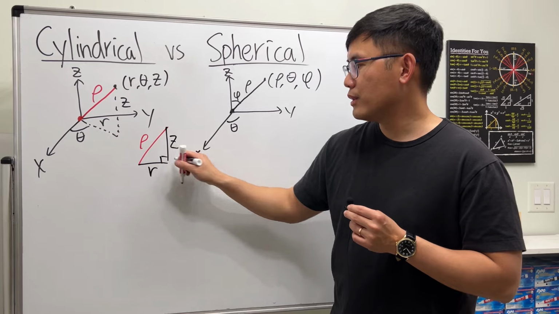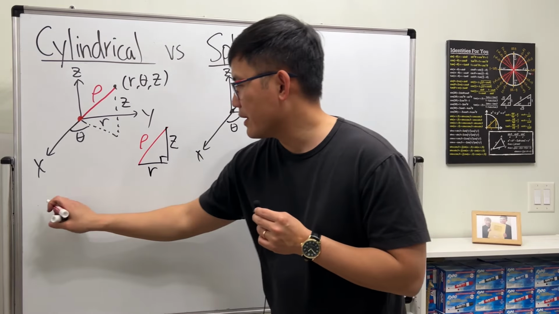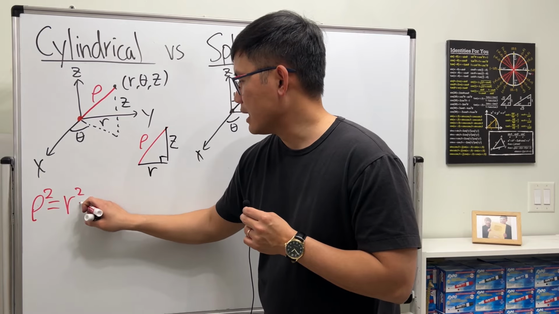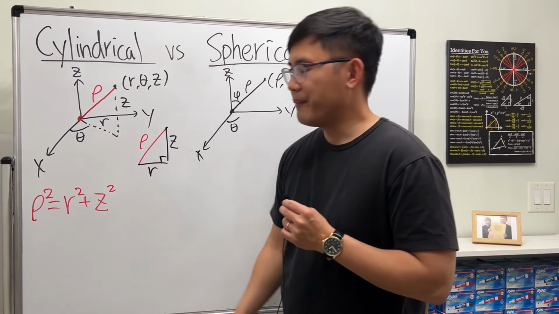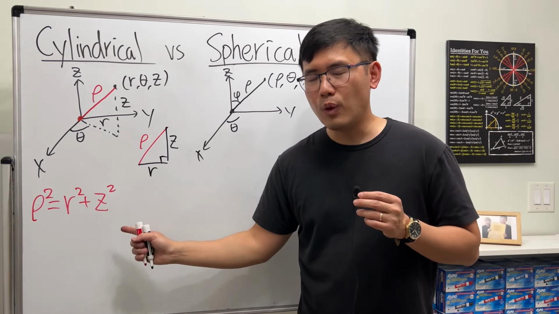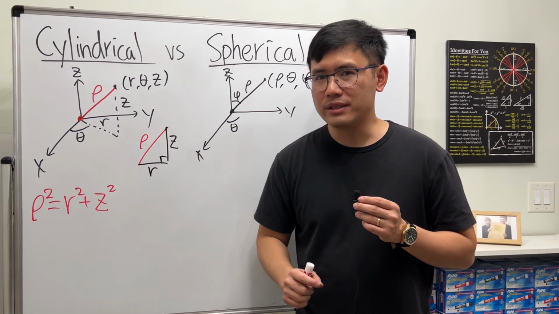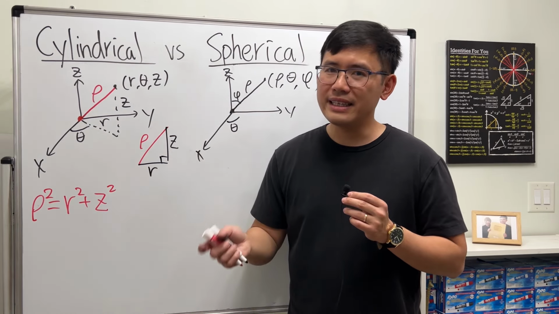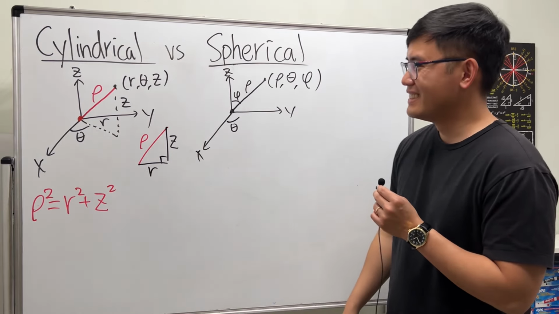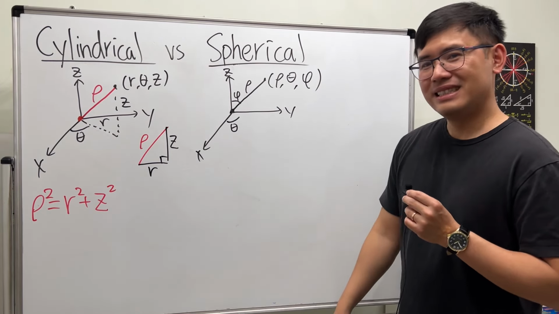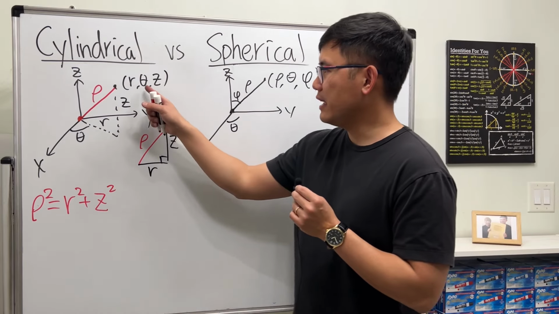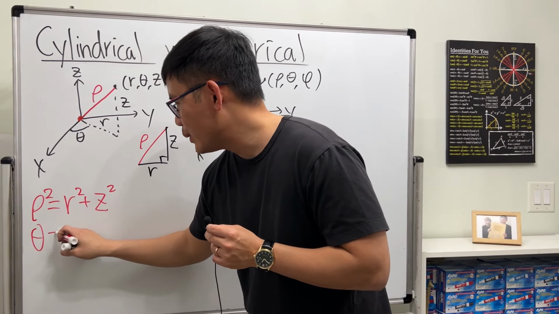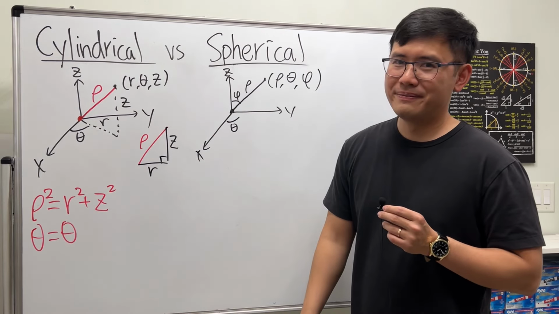So of course use the Pythagorean theorem. rho squared equals r squared plus z squared. And in fact, this is the reason why the Pythagorean theorem also works in the 3D situation, because r squared equals x squared plus y squared. Alright, so that's that. The next one is theta. It's the same exact theta. So theta equals theta.